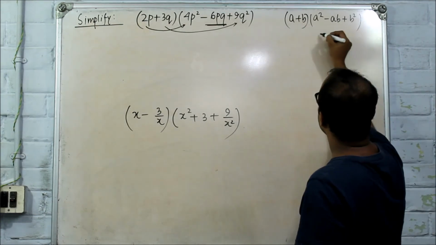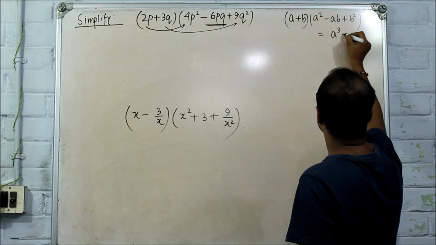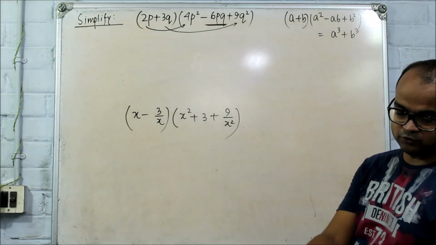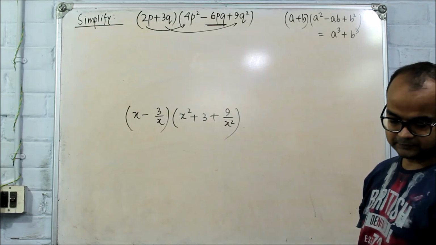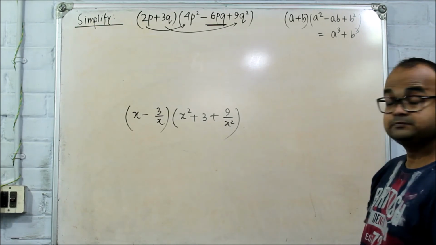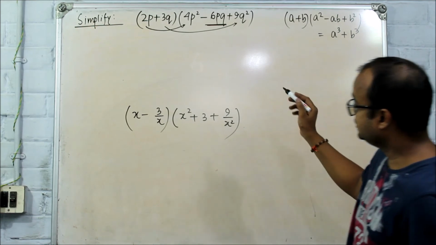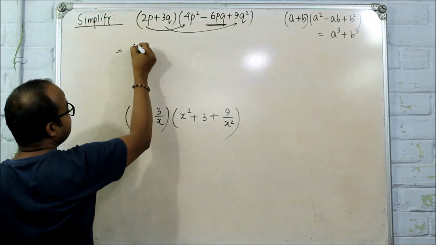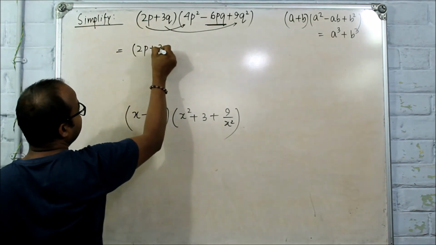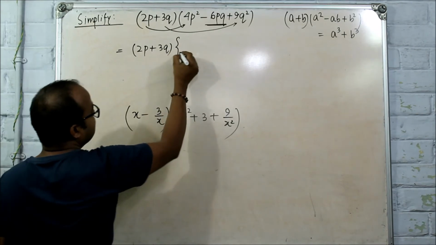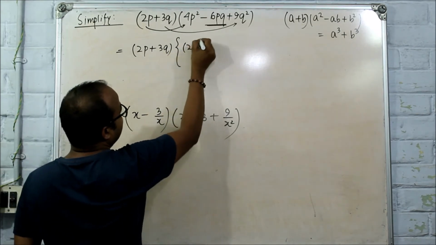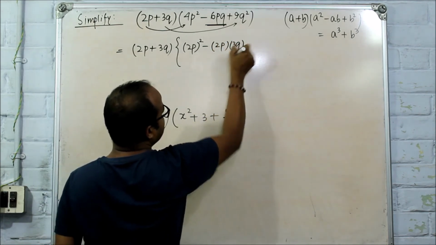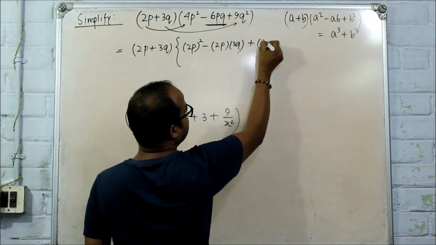So this is the formula of a cube plus b cube. Clear? So here we can write, for us we just rearrange the terms, we write it as 2p plus 3q, 2p square minus 2p into 3q, and here we write plus 3q square.